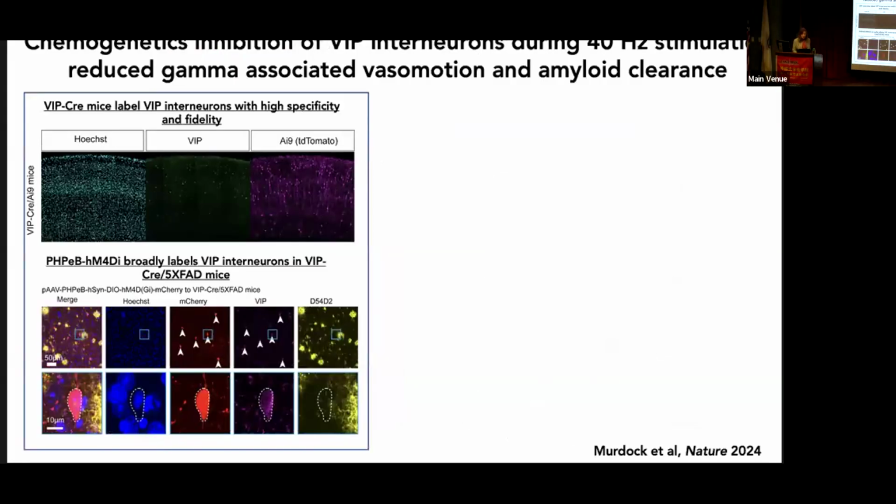So we performed a chemogenetic experiment to silence these VIP neurons. We used VIP-Cre to cross with the 5xFAD, and then we used the inhibitory DREADD receptor, which we introduced by AAV, and this receptor is specifically expressed in the VIP neurons.